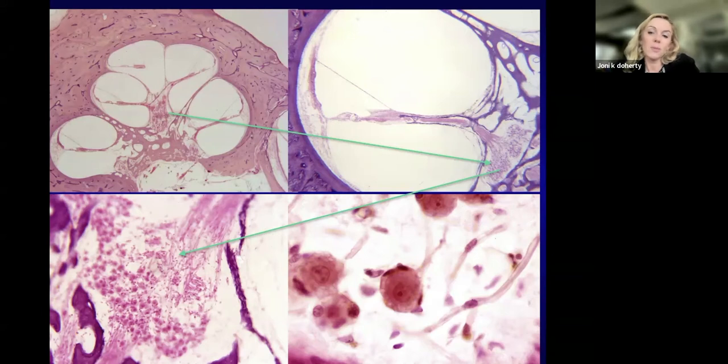The slide on the upper right shows the neurites or dendrites within the osseous spiral lamina. Then this is a closer view of the spiral ganglion neurons, and a much closer view on the lower right of the spiral ganglion neurons.